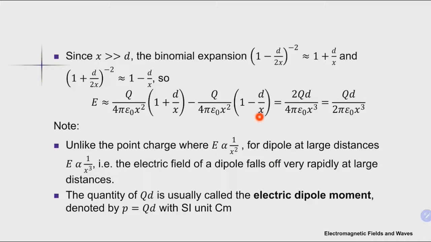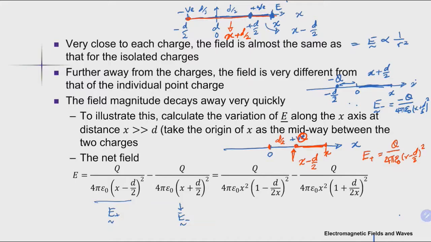And then we can use binomial expansions for this part here. Okay, so (1 minus d over 2x) to the power of minus 2. If I do a binomial expansion of that, it is approximately equal to 1 plus d over x. If you expand it you go further, but the higher terms are very small, so we don't need them. We just take the first two terms.